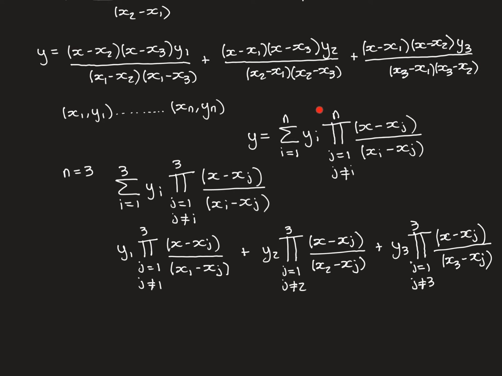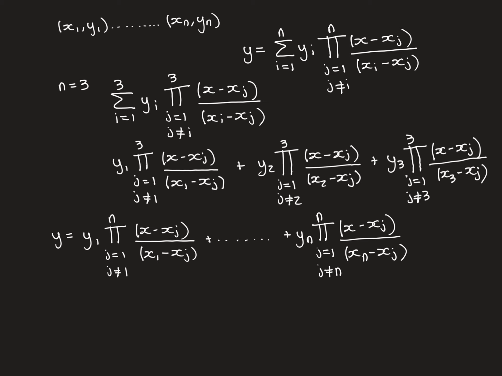And that's why this is going to work. It's going to give you the correct y value for each of those x values, because it's going to be 0 at all the other y values in this summation, and it's going to equal 1 at the correct y value. And that's going to be true for all of these points here.